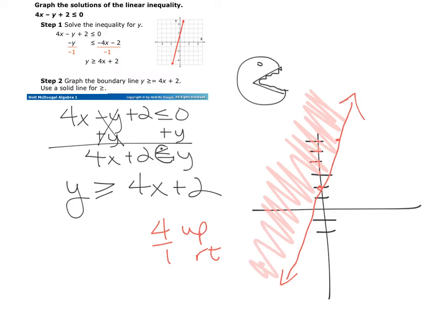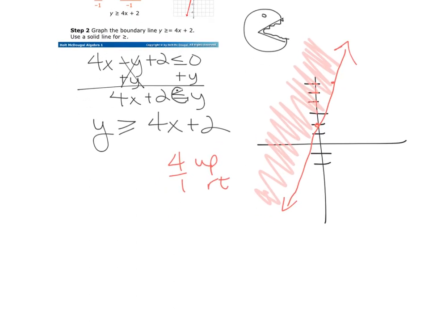One way to confirm if you colored the correct side is to plug in an ordered pair. Now let's say we didn't want to do 0, 0. Let's say I wanted to pick something that was actually in the red area. So I could pick maybe an ordered pair over here. Maybe we'll say it's ordered pair -3, 3. I could still do the 0, 0, but I should be getting a false statement.